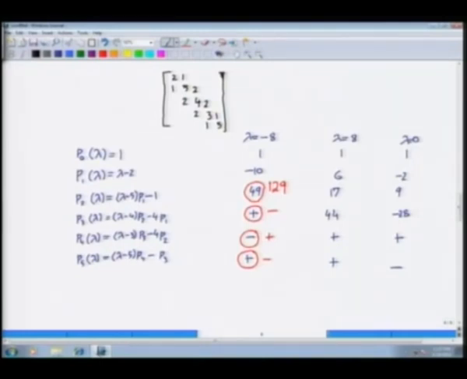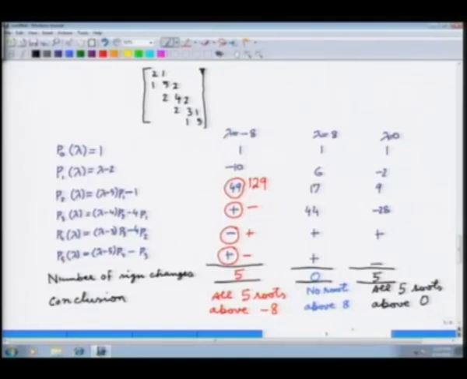And with this, as you will notice that for lambda equal to minus 8 there are 5 sign changes, and that means that all 5 roots are above minus 8, and then for lambda equal to 8 there is no sign change, and that shows that no root is above 8, and in between through bisection then you will evaluate at lambda equal to 0, in which case you will find that all 5 roots are above 0.